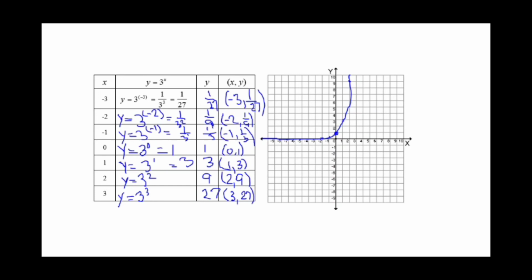It's going to be something similar to this. It's not straight, but it's close enough. If you were to put this in the calculator, you will get a similar graph. And there you go.